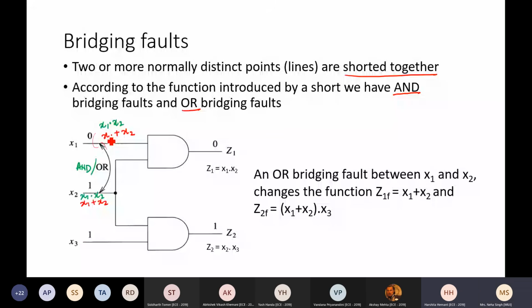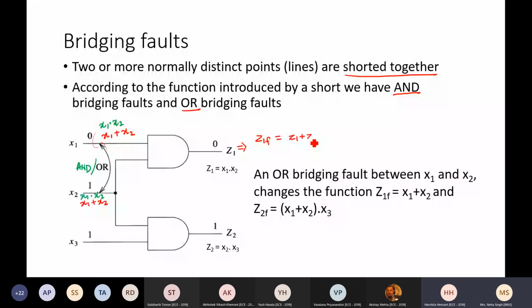Under the fault F, Z1F will be given as Z1 plus Z2 and Z1 plus Z2, which is nothing but Z1 plus Z2. So the faulty output is OR rather than AND.